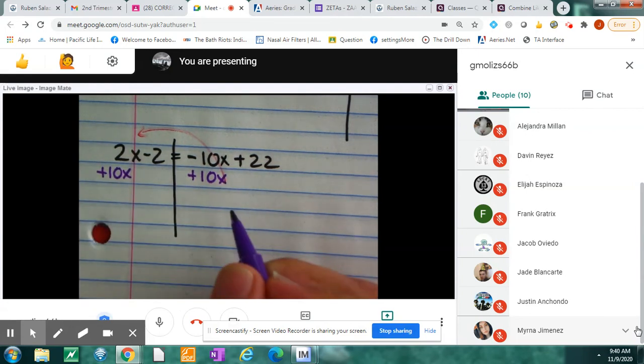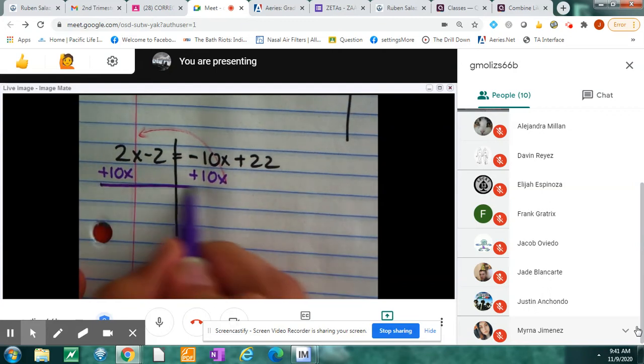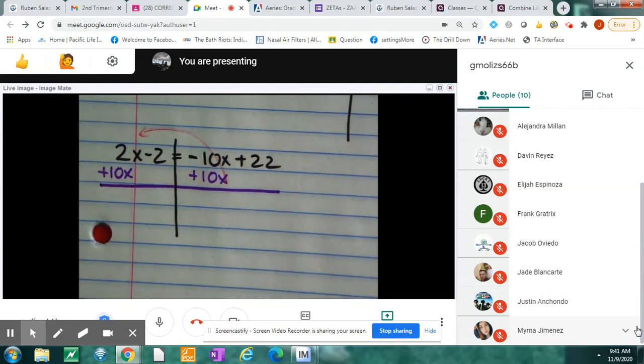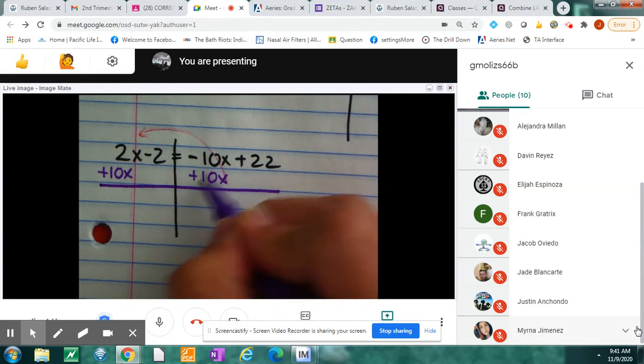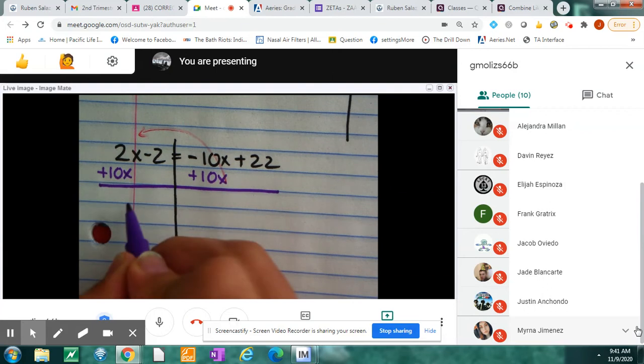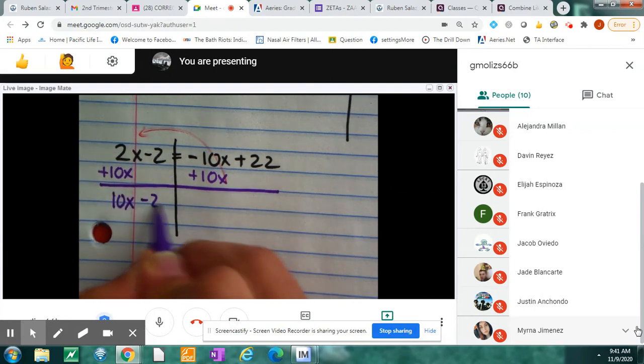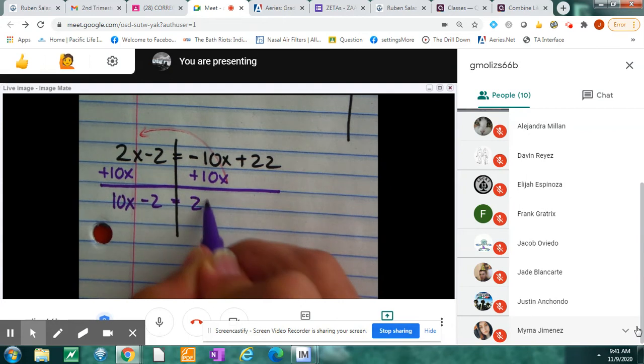Okay, you see that? Because you want it to be 0. You want it gone. And in math, gone means 0. So 2x plus 10x is 12x. Then bring down the minus 2 equals 22.